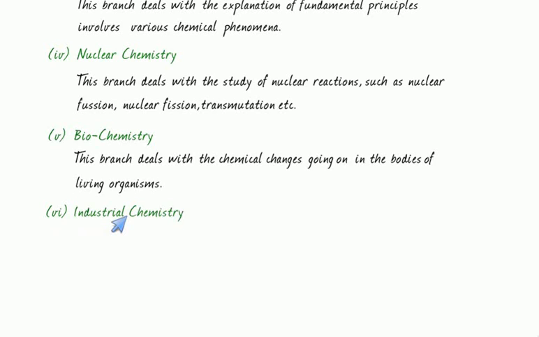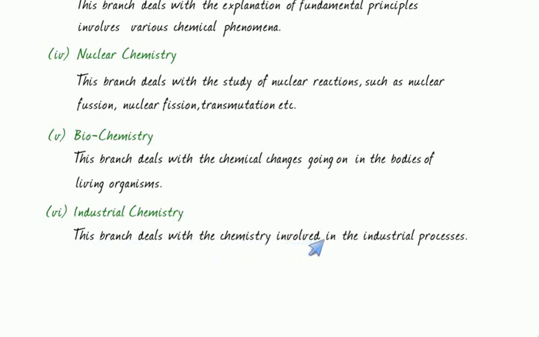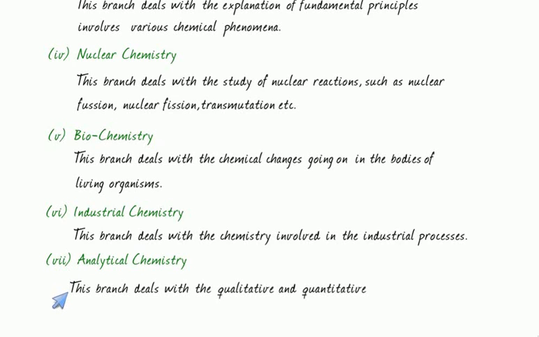Then we have industrial chemistry. Industrial chemistry deals with the chemistry involved in the industrial processes. Then we have analytical chemistry. Analytical chemistry deals with the qualitative and quantitative analysis of various substances.